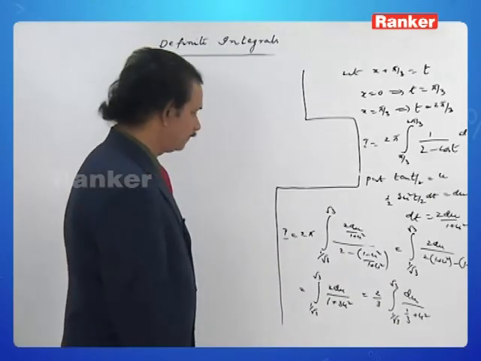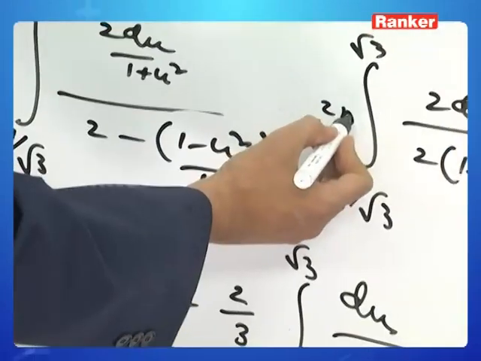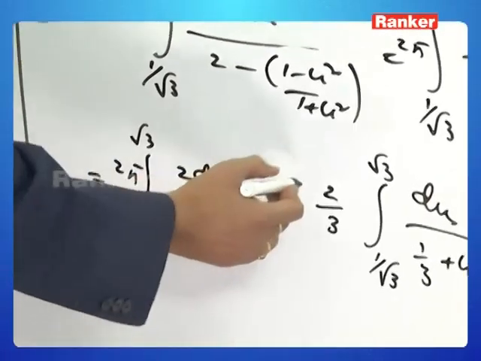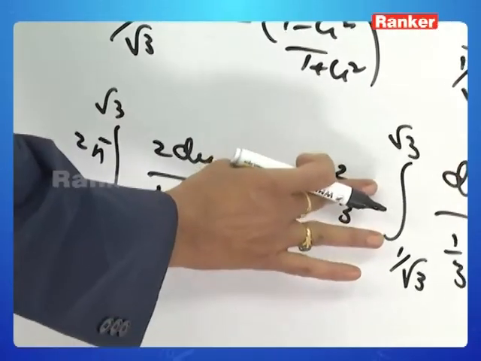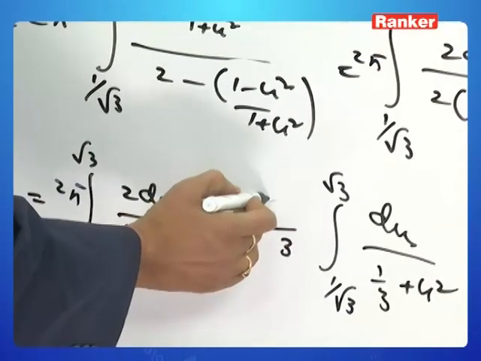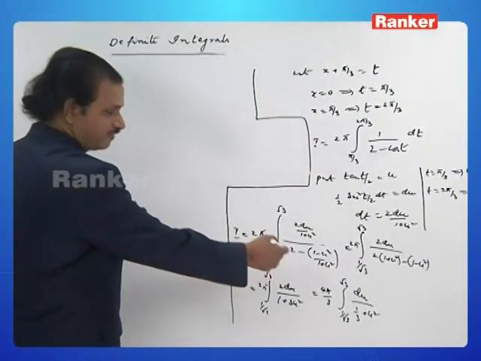Let us continue. In the previous steps, we have forgotten 2 pi. 2 pi into 2 by 3 is 4 pi by 3. Let me continue from there on.